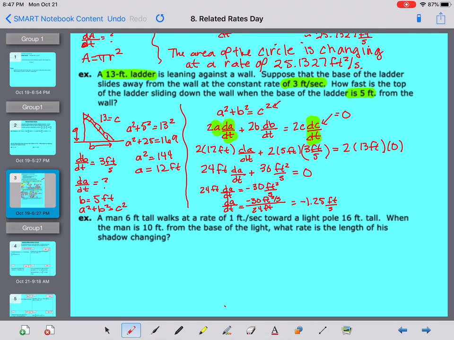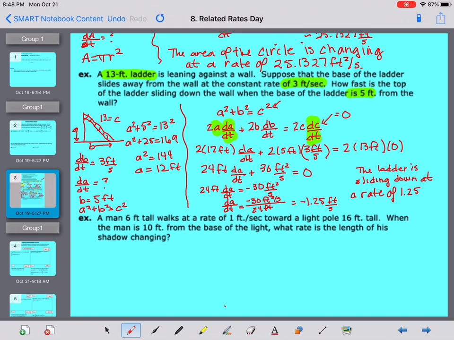So I would say the ladder is sliding down at a rate of, and because I've already implied that we're going down, which implies a negative value, I don't want to describe my rate right here as negative.